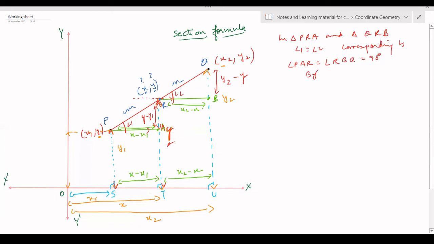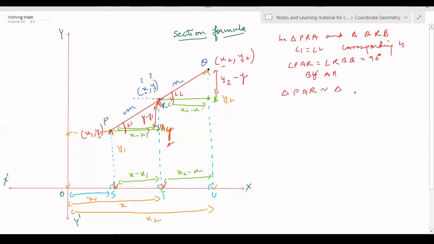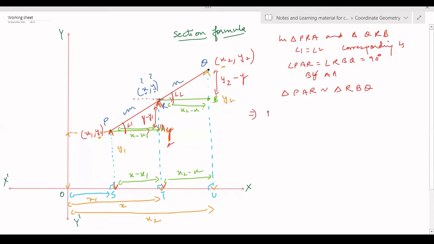Therefore, by AA, we can say triangle PAR is similar to triangle RBQ, where P corresponds to R, A corresponds to B, and R corresponds to Q. This implies their corresponding sides are in proportion. That means PA over RB is equal to AR over BQ is equal to PR over RQ.